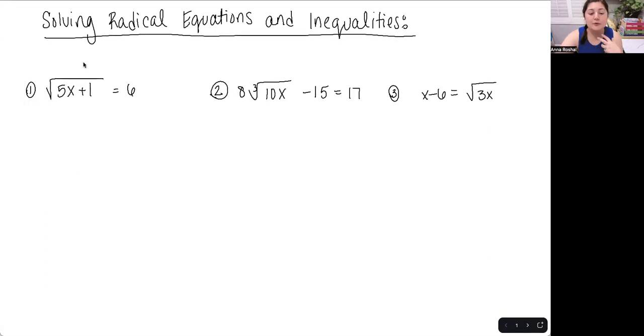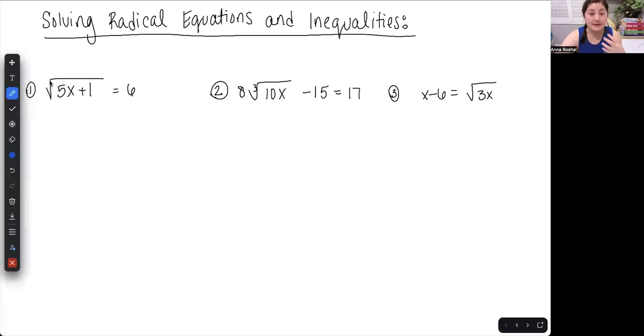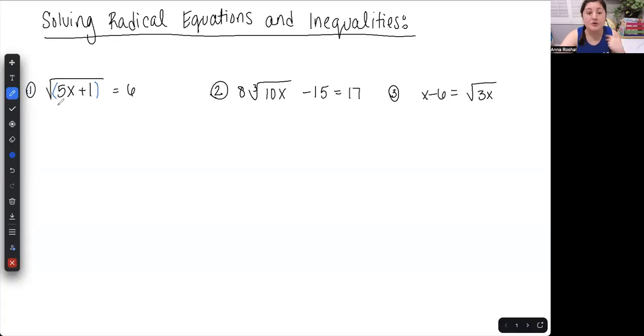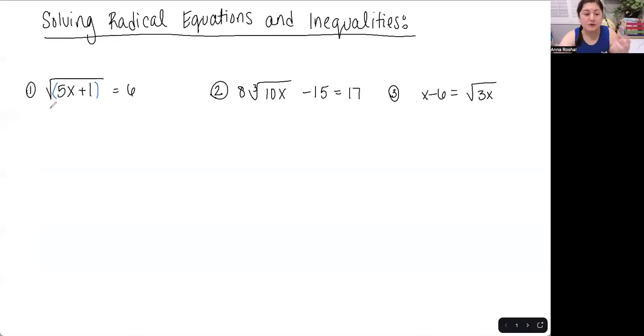In order for me to eliminate the radical, it first has to be on its own. So it is on its own here. And we know that this radical is actually kind of like to the 1/2 power. So to make this portion, 5x plus 1, to the first power, we're going to take this 1/2 and square it. Half of 2 is 1.